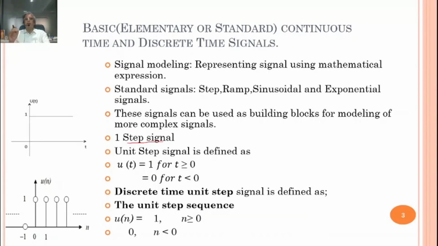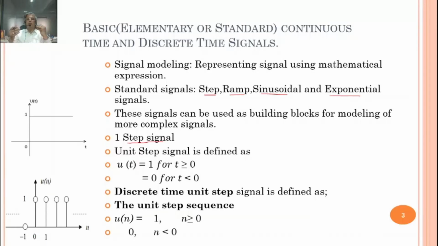Now what are the basic continuous time and discrete time signals? The basic signals are the step signal, ramp signal, sinusoidal signals, and the exponential signals. And what is signal modeling? Signal modeling means the representation of the signal using a mathematical equation or expression.